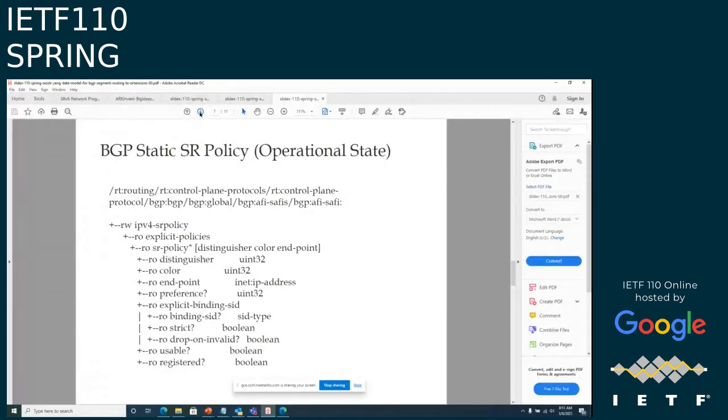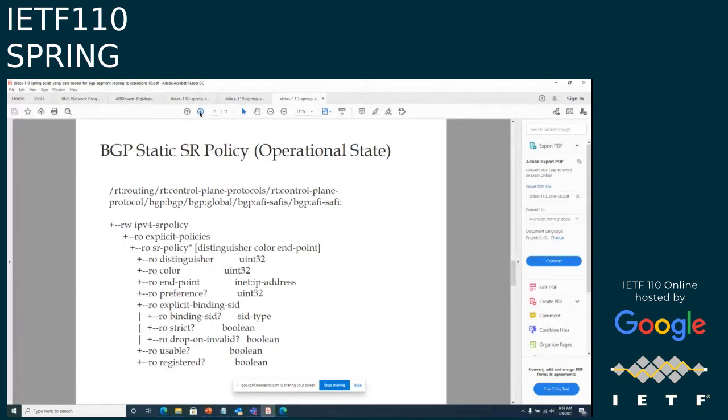So in this case, BGP would be the one which is pushing the policies in from the controller into the BGP router, and this particular slide talks about the information that is part of the SR policy that's pushed into BGP as part of the static SR policy. The information pushed into the policy are the distinguisher, the color, endpoint, and preference. So all the required information is being defined. The Yang modeling has been defined in the draft, and they are being detailed in this slide.